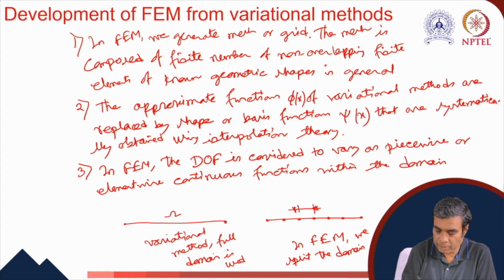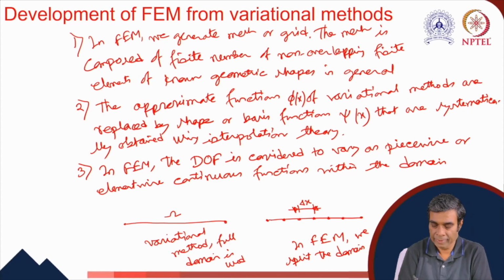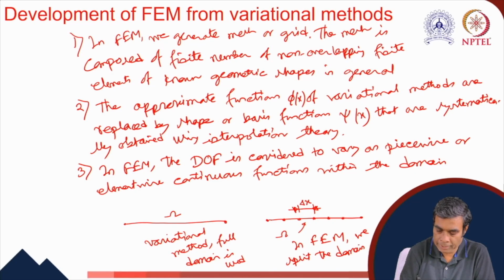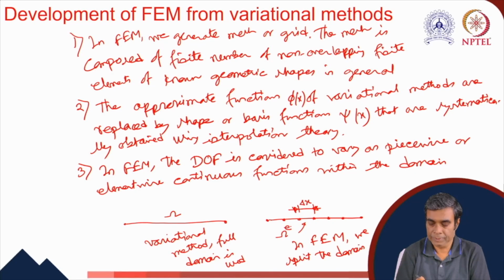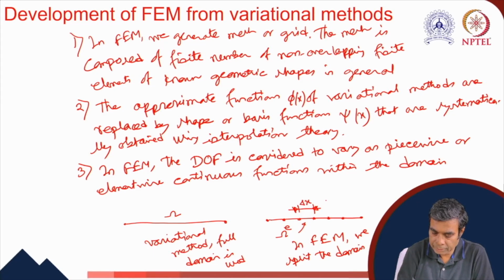So this particular segment, this is a finite element of mesh size or grid size delta x. This finite element we denote by its domain omega e. Now, over the finite elements, if we consider the temperature is the degree of freedom. Now, for this finite element, this is the eth finite element.